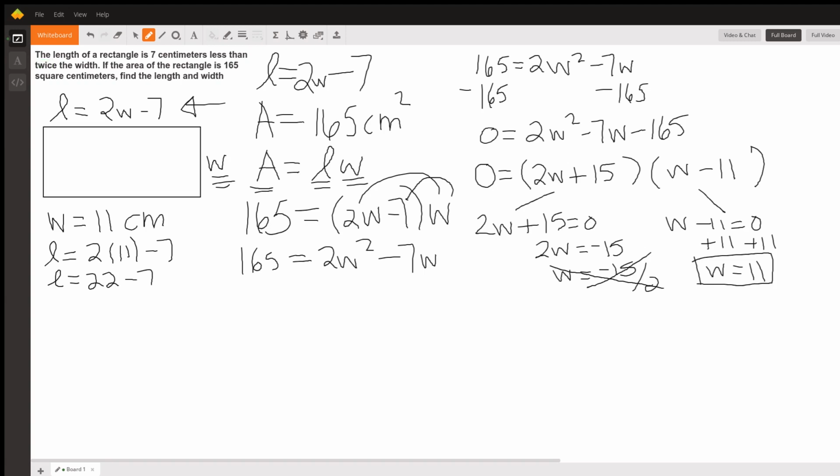And as your last step, you're going to get length equals 15. So length equals 15 centimeters, and width equals 11 centimeters.